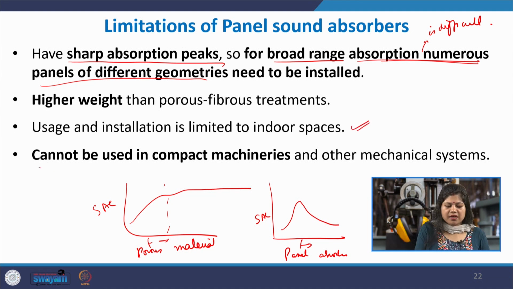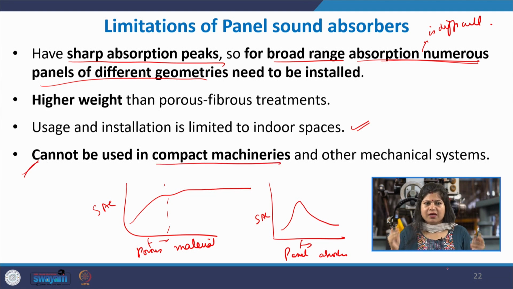They cannot be installed just anywhere in compact machineries because of the shape that they have to maintain, the air cavity depth that they have to maintain, and their mounting conditions. Because of their construction and their design itself, they cannot be used in machineries with complex contours, whereas absorbers can just be lined anywhere in the machinery.